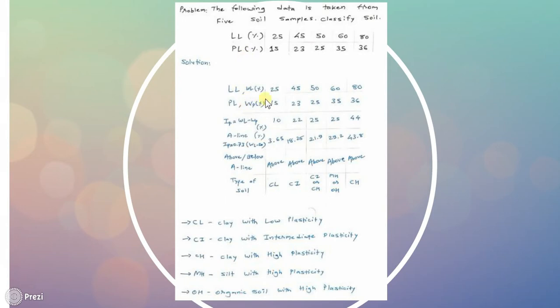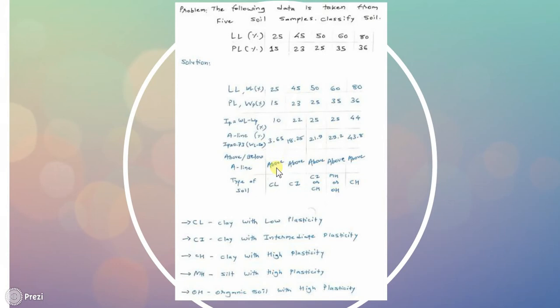So if the liquid limit is 25% and plastic limit is 15%, IP will be 10%. If IP is 10%, A line IP, equal to 0.73 (WL minus 20), will be 3.65 after calculation. Now it is clearly above the A line value, as 3.65 is much lesser than 10.